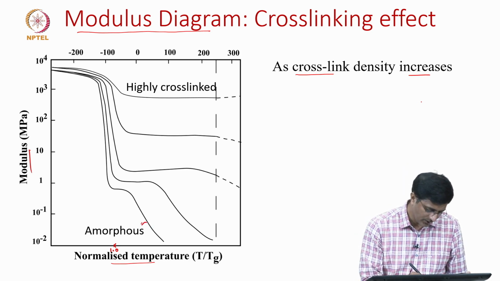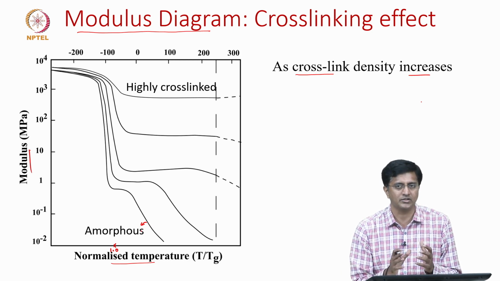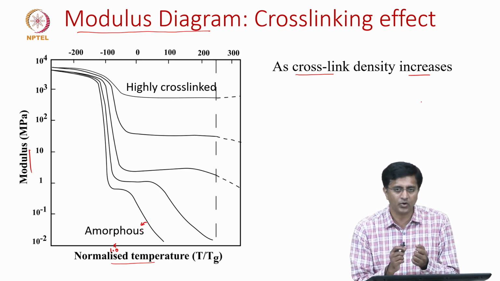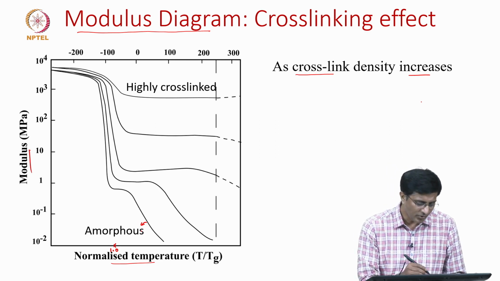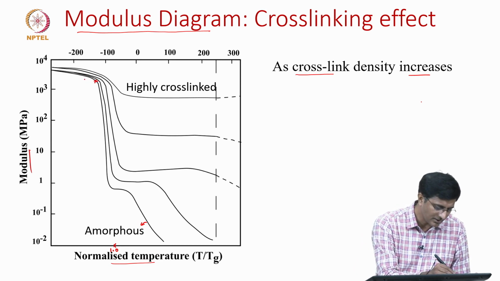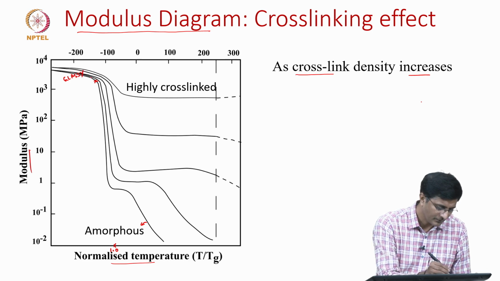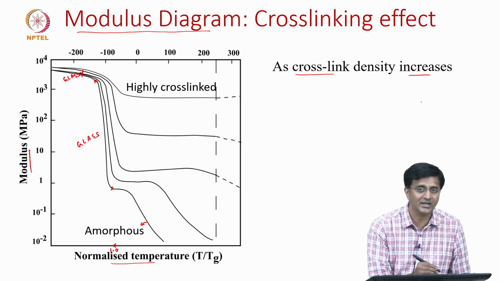The curve here is for the amorphous polymer, meaning there are no cross links at all. So, the only thing bonding these polymer chains is the secondary bonds. So, until now we have been seeing that for an amorphous polymer, until here we get the glassy region, and from here to here we have the glass transition or the viscoelastic transition.